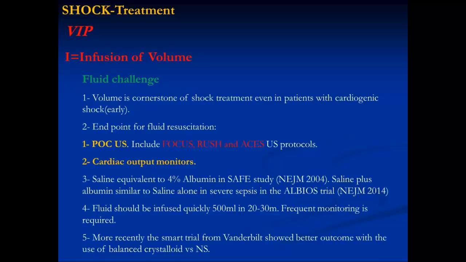Cardiac output monitors, the new ones like the Vigileo and other devices, are all available now in your institution, and they all give you pulse pressure variation and stroke volume variation, and give you an idea about the intravascular volume in relation to the change of intrathoracic pressure. So it gives you an idea about whether the patient is dry or not.